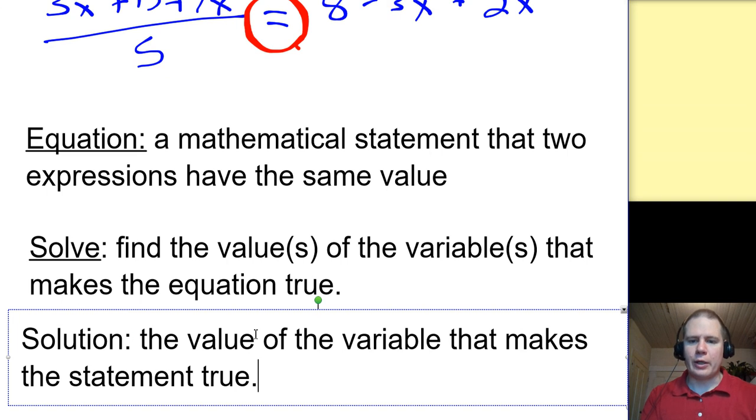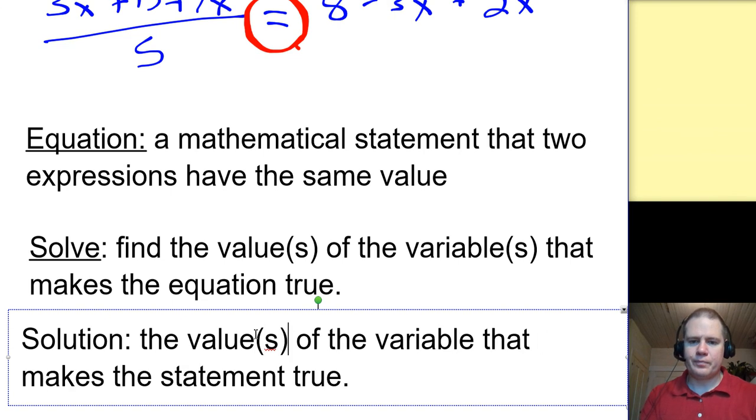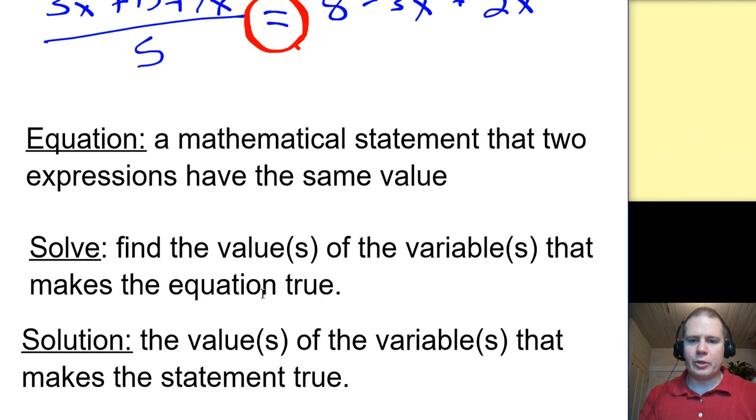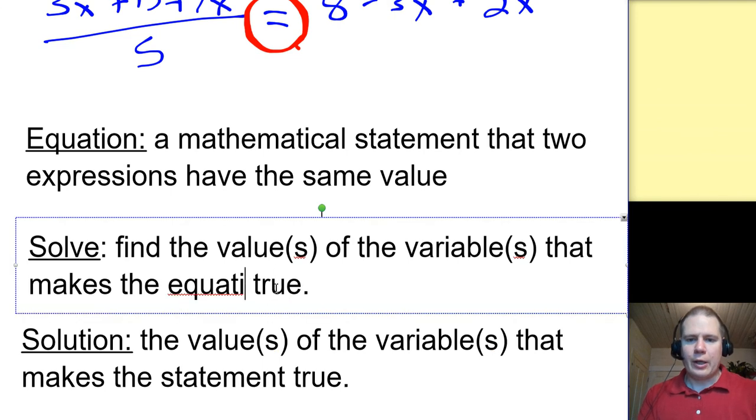And again, it could be potentially more than one, and it could be potentially more than one variable. And technically, let me change this one too. I go back and forth every semester.